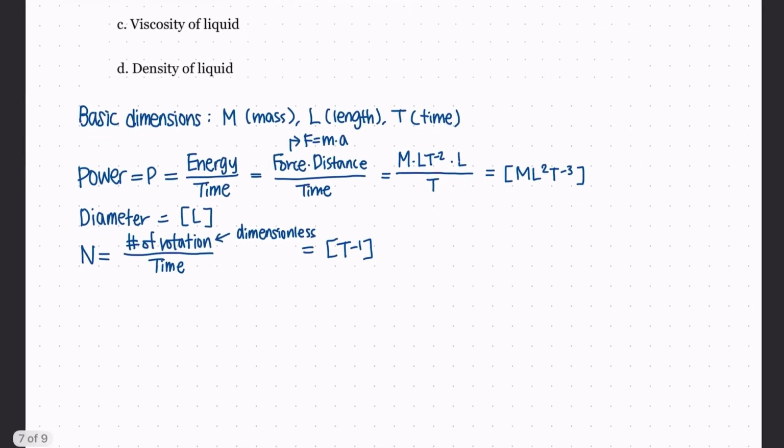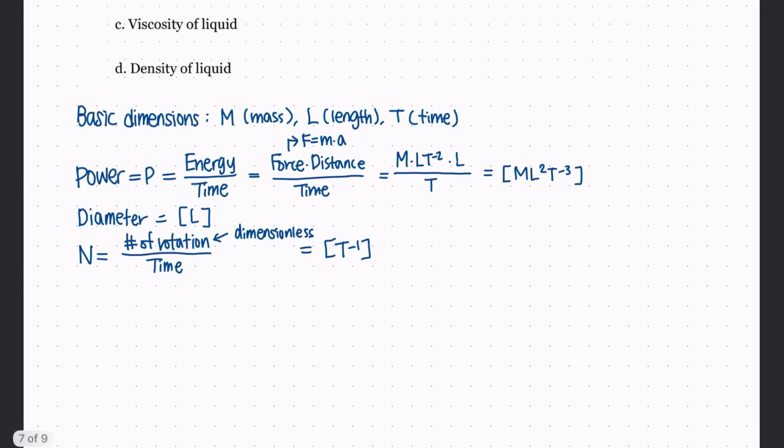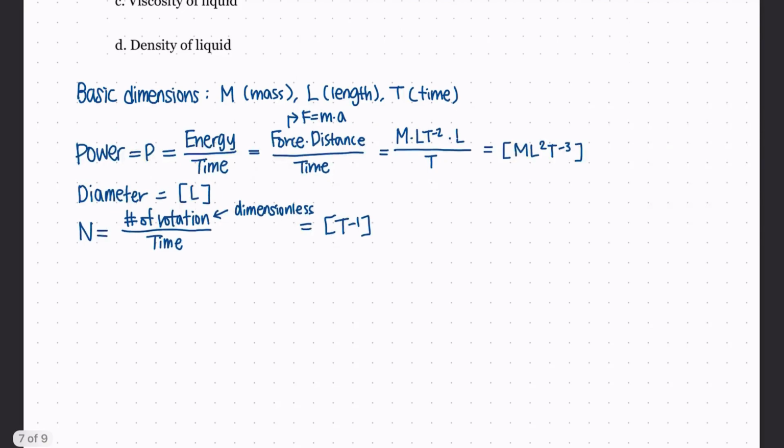For finding the dimension of viscosity, we need to know the equations of shear stress, because shear stress is equals to viscosity times partial derivative of velocity profile by the length.